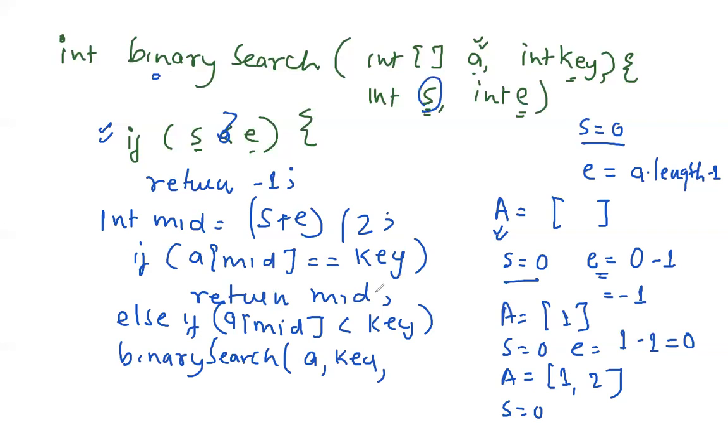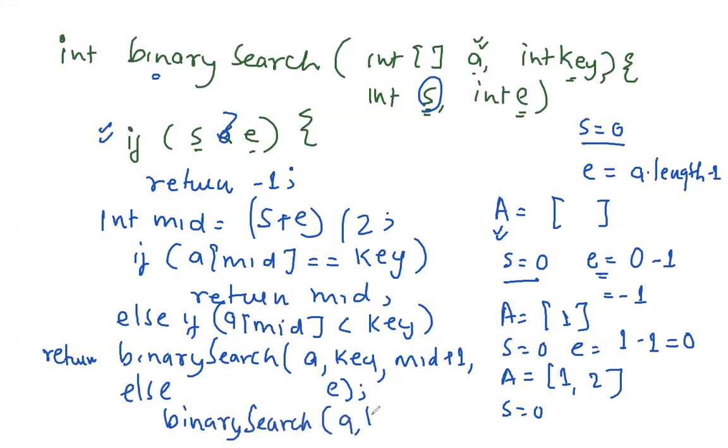Start will go to mid plus 1, because up to mid it cannot be possible, because it's greater. And your end remains the same. You return from here. If that is not the case, you do the same thing with start remaining the start, but because you're looking into the left hand part, your end changes to mid minus 1.